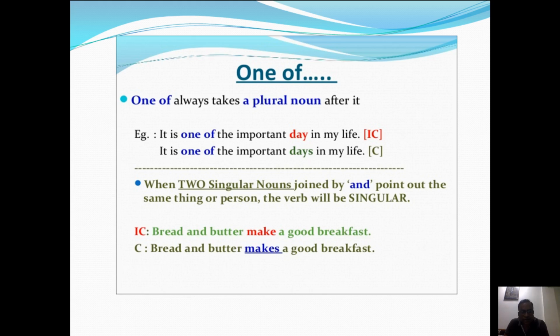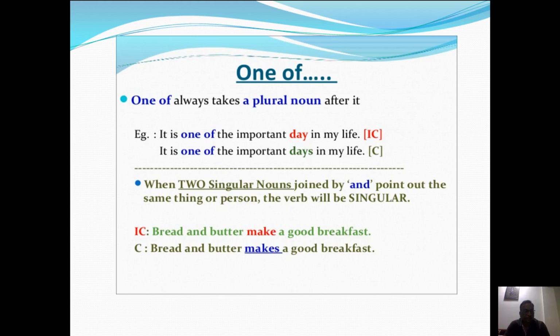When two singular nouns joined by and point out the same thing or person, the verb will be singular. Let's check. Bread and butter make a good breakfast.